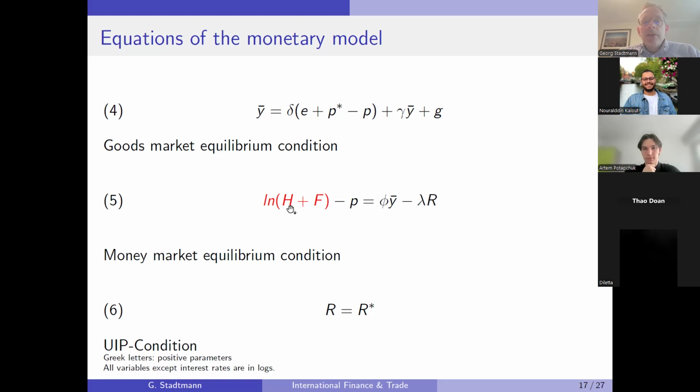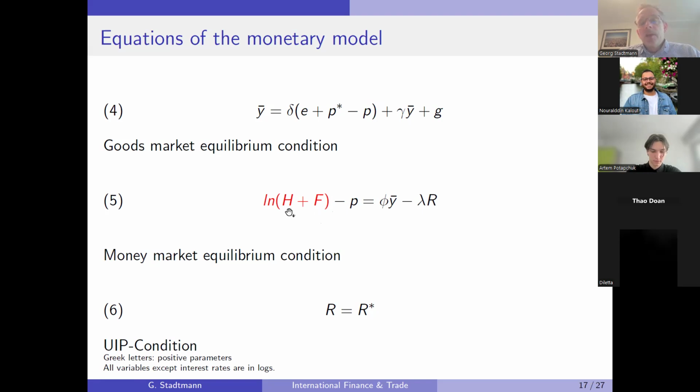Then on the left-hand side of the equation, we have real money supply. And the special element is highlighted here: we are in a fixed exchange rate system, so that the domestic component of money supply and the foreign component of money supply play a role.